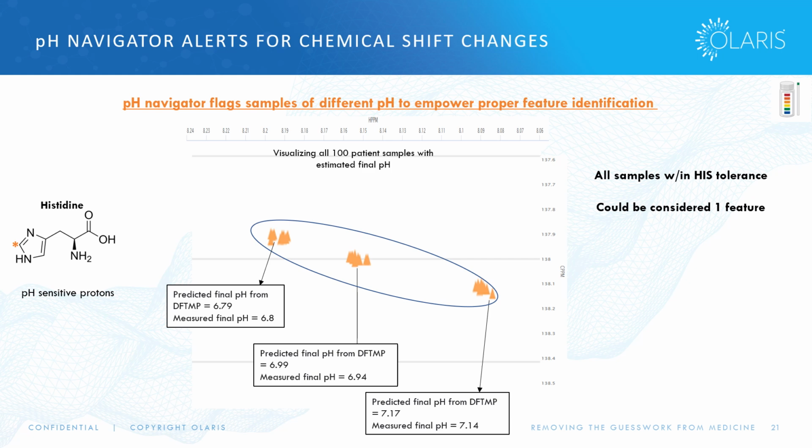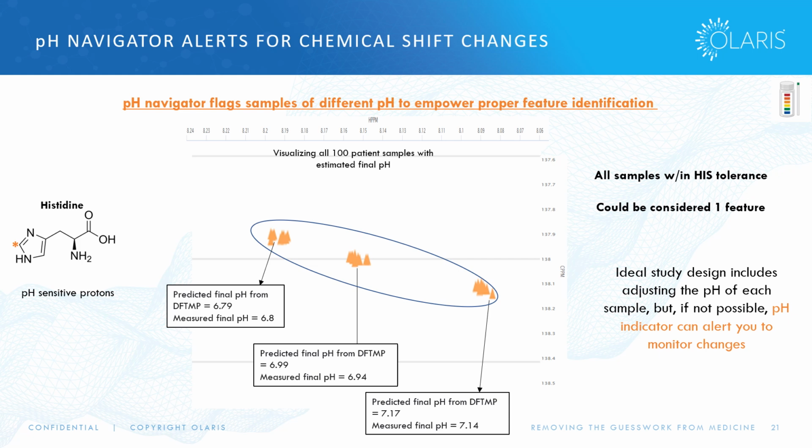And in this way, you can know, for example, that this metabolite is varying this way and with pH. And then you can get a bigger tolerance window just for the specific metabolite, because you know that it's so sensitive to pH. And you also know from the FDMP that these patients were wildly different in their pH.